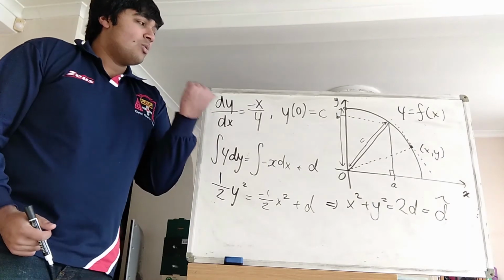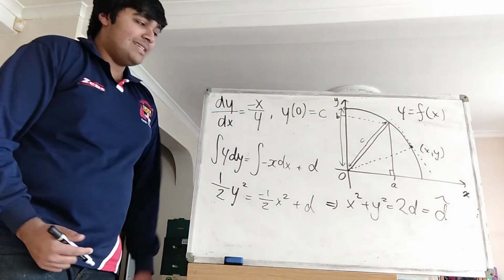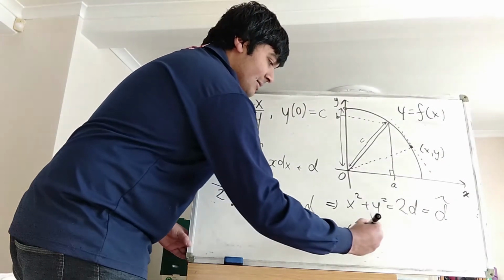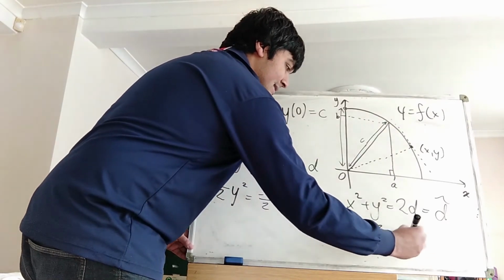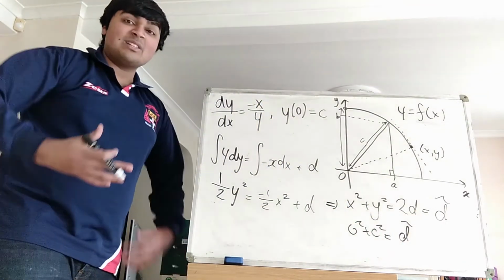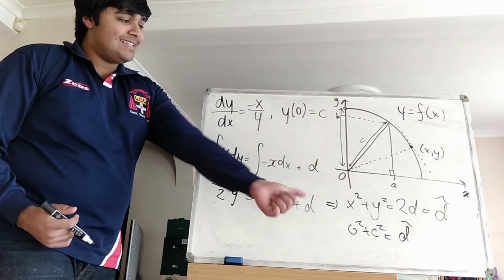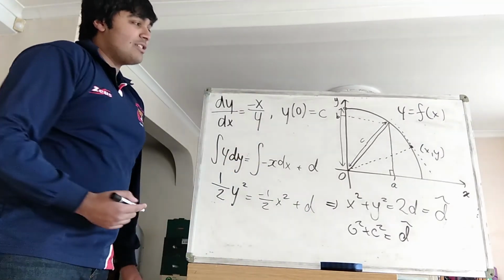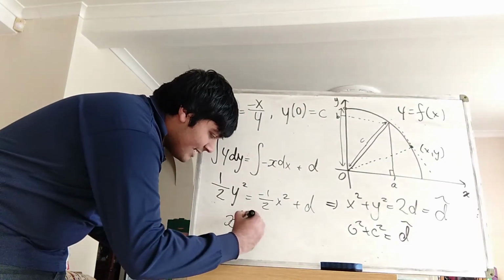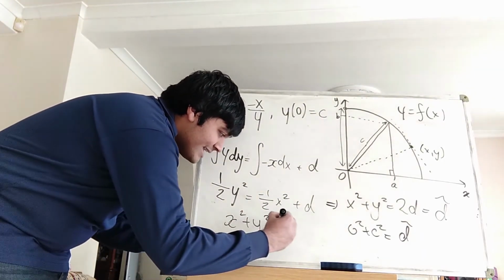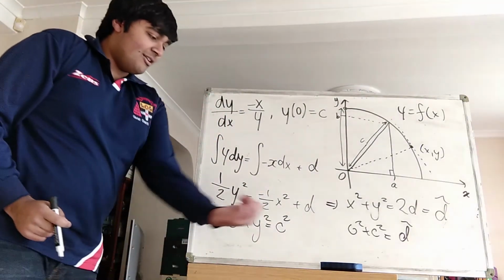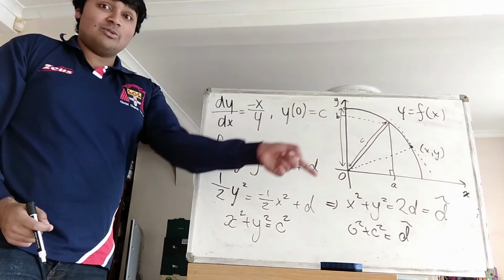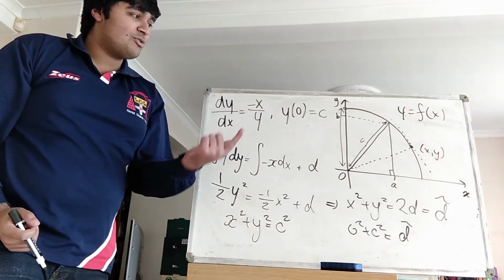So when I plug in x equals 0 and y equals c, what do I get? 0 squared plus c squared equals d tilde. So 0 squared plus c squared is obviously just c squared, so d tilde is precisely c squared. So then I can conclude that the equation of my circle is x squared plus y squared equals c squared. Okay, so that's the equation of my circle, which I've just derived using calculus and geometry.